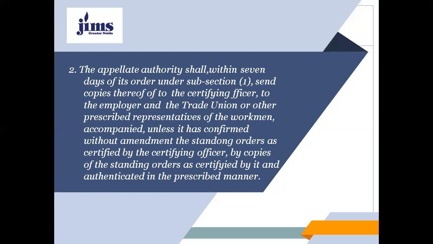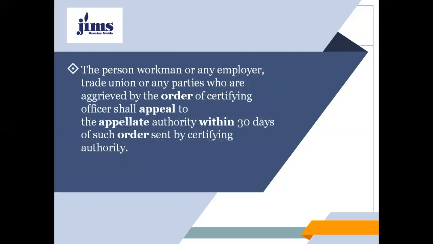We have already discussed that the person, workman, employer, trade union, or any party aggrieved by the order of the certifying officer shall appeal to the appellate authority within 30 days of such order.